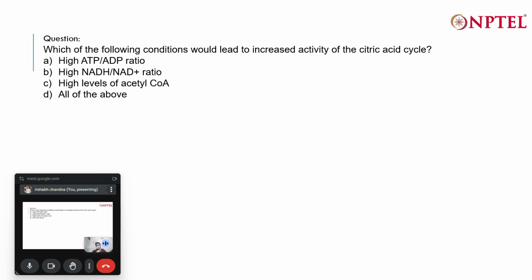So the options are: option A, high ATP to ADP ratio; option B, high NADH to NAD plus ratio; high levels of acetyl coenzyme A; all of the above. Okay, so we have to check increased activity of the citric acid cycle. The citric acid cycle is basically a catabolic pathway.